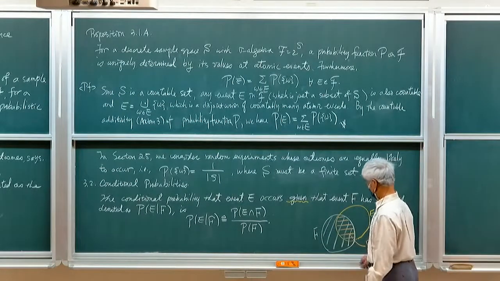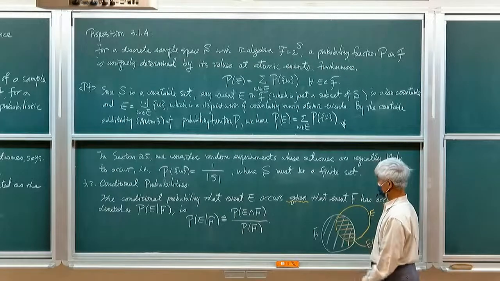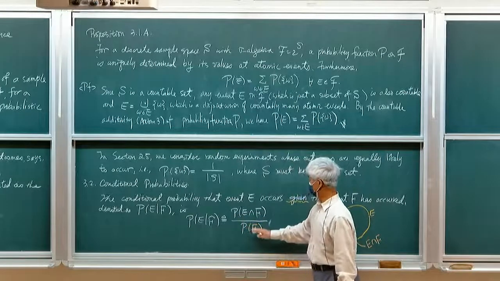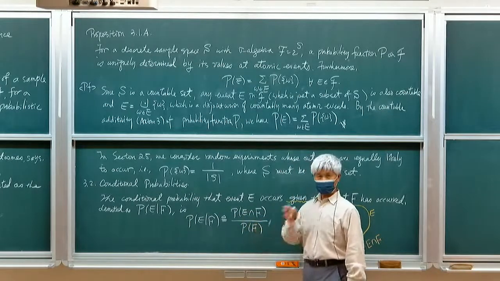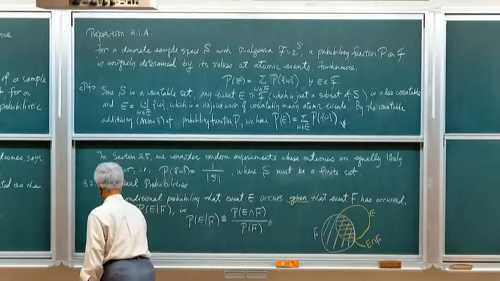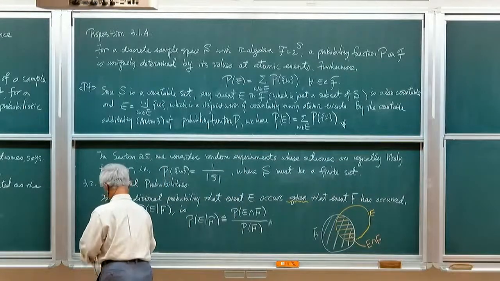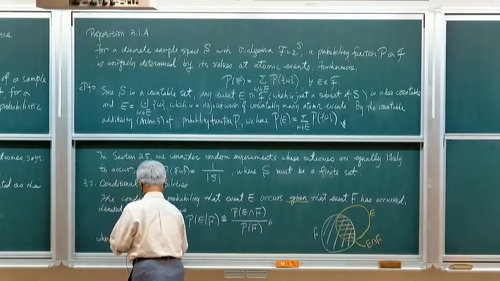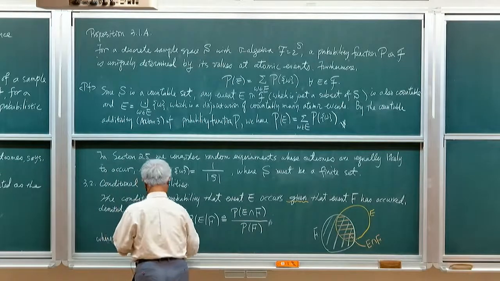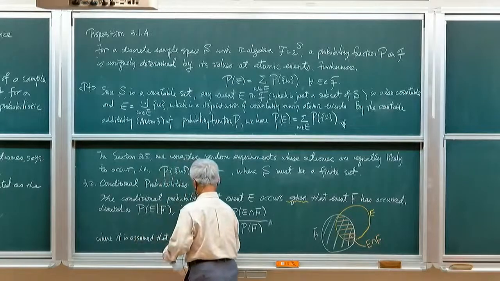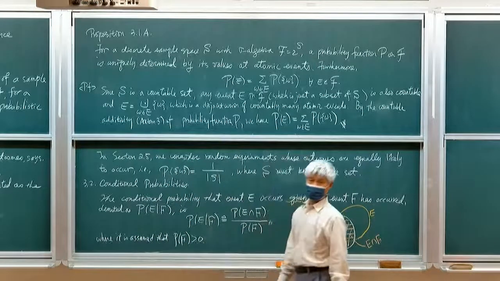And because we put the probability of F in the denominator, it is required that the probability of F is greater than 0.